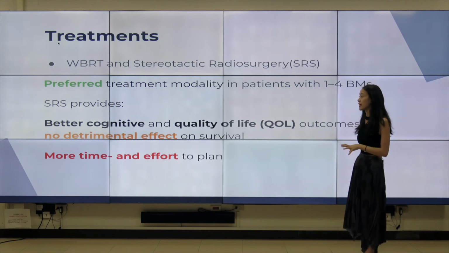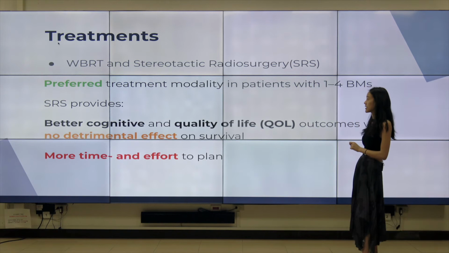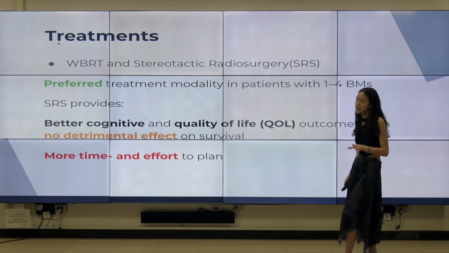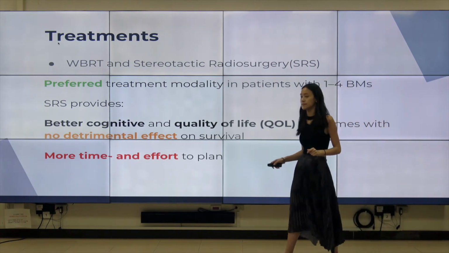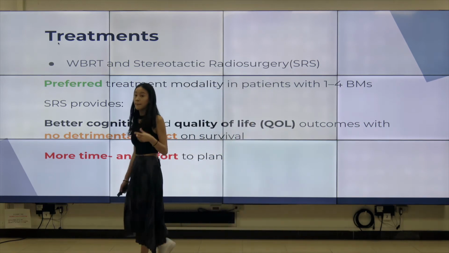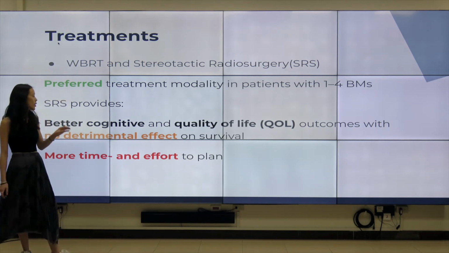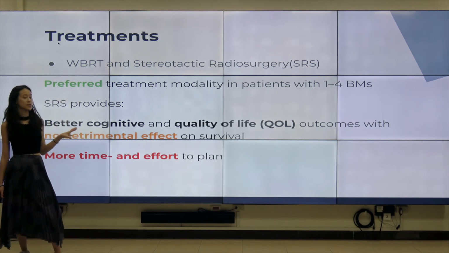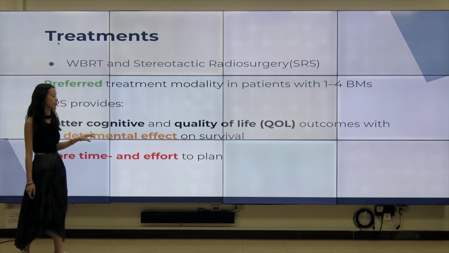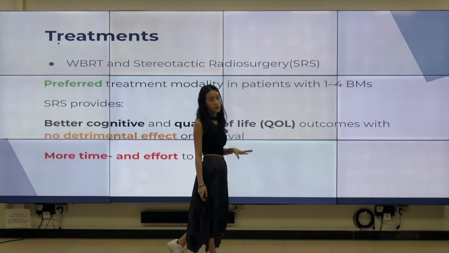However, recently, SRS has been the preferred treatment modality in patients with approximately 1 to 4 BMs. The reason for this is that SRS provides better cognitive and quality of life outcomes with no detrimental effects on survival. That's a very big part of it.